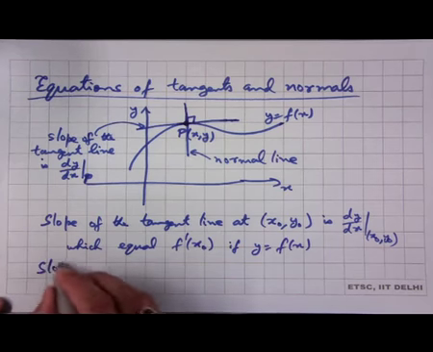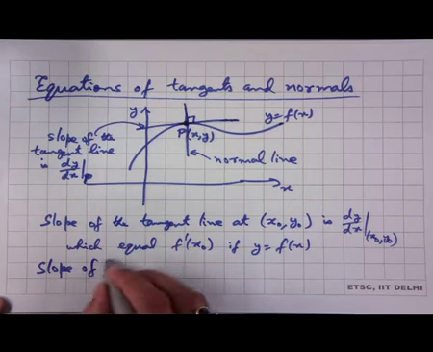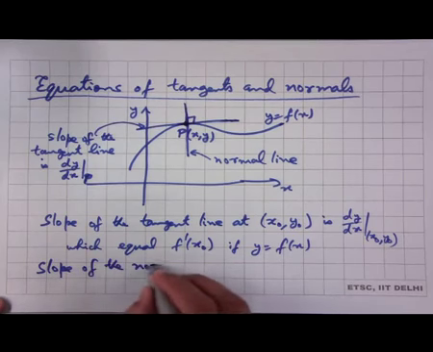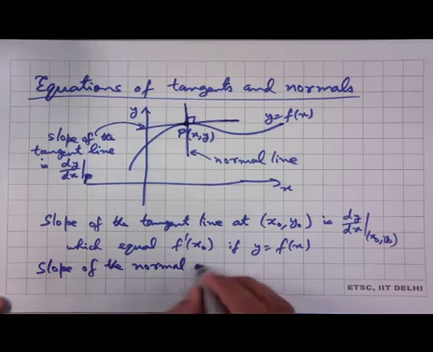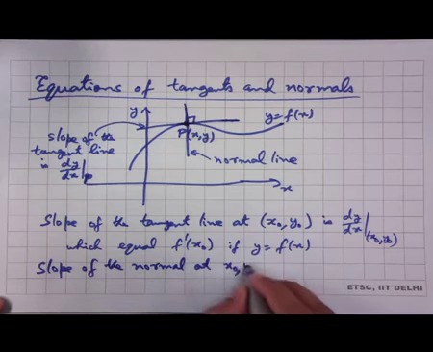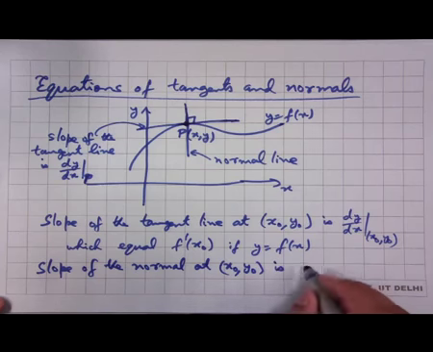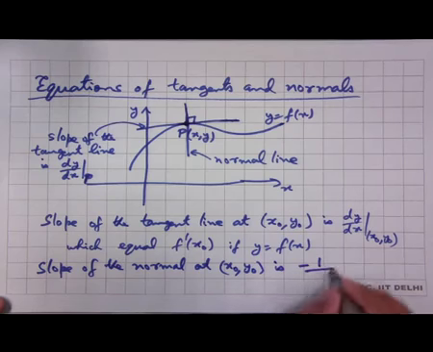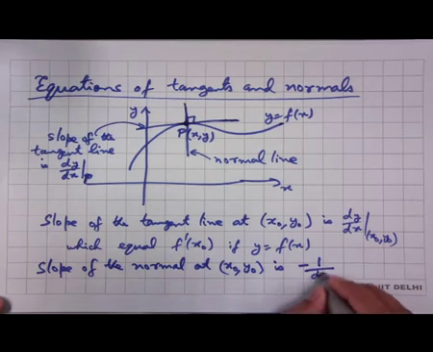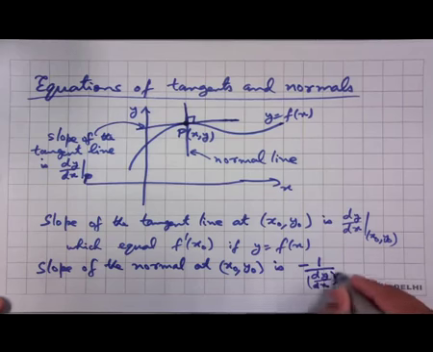Therefore, the slope of the normal at x naught y naught is minus 1 by this dy dx at x naught y naught.